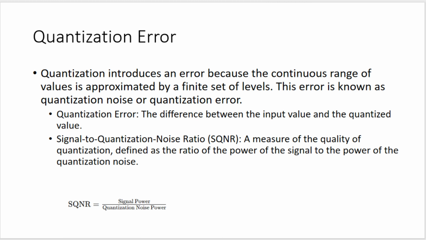Quantization error is the difference between the input value and the quantized value. Signal to quantization noise ratio (SQNR) is a measure of the quality of quantization, defined as the ratio of the power of the signal to the power of the quantization noise.